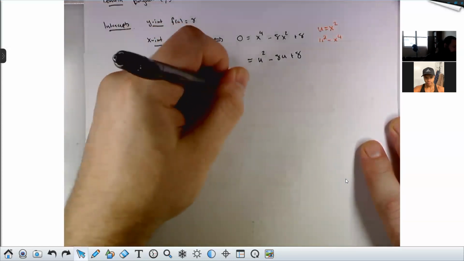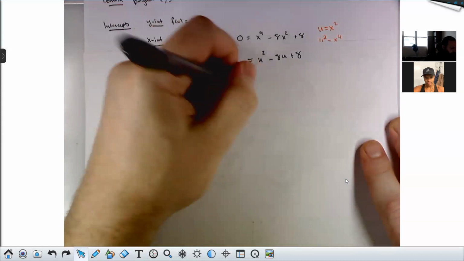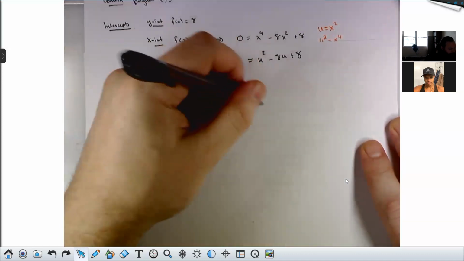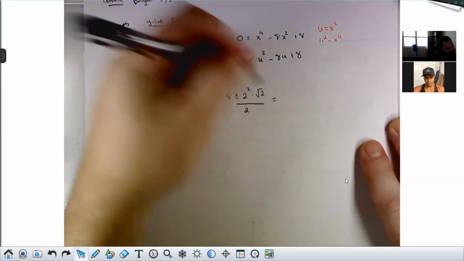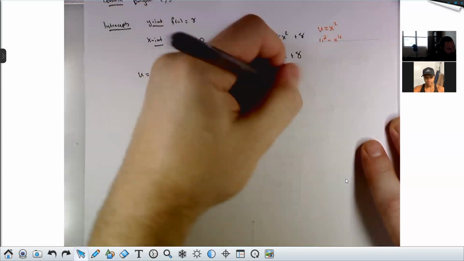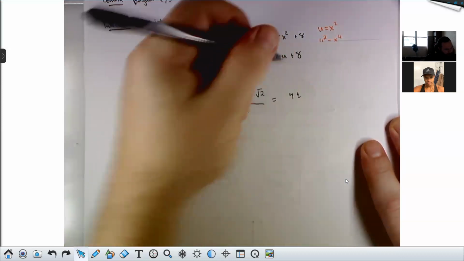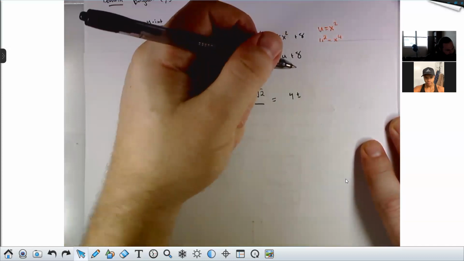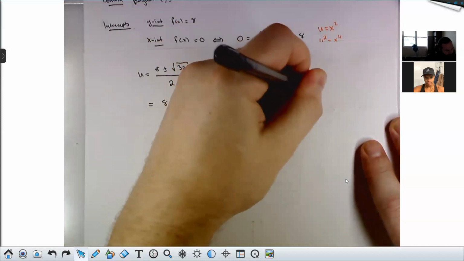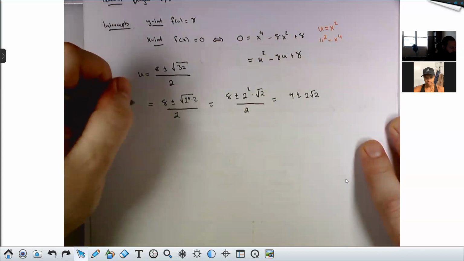So this is 8 plus or minus 2 squared times the square root of 2 all over 2. This really just kind of sucks though. This is 4 plus and minus 2 root 2. And these are u values.